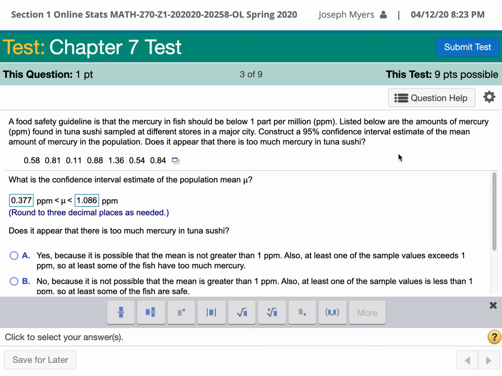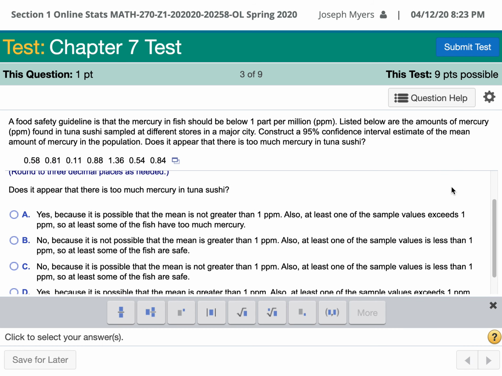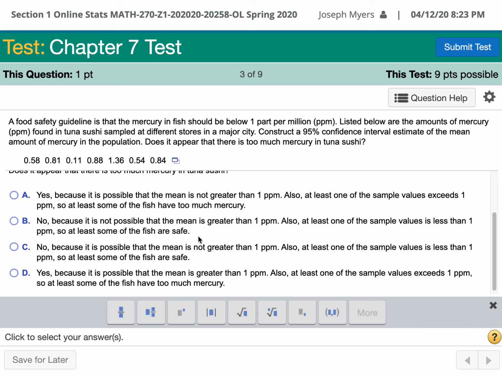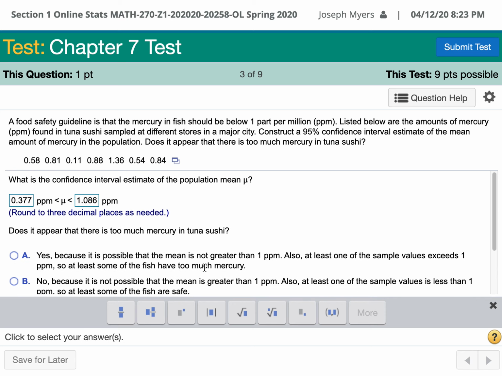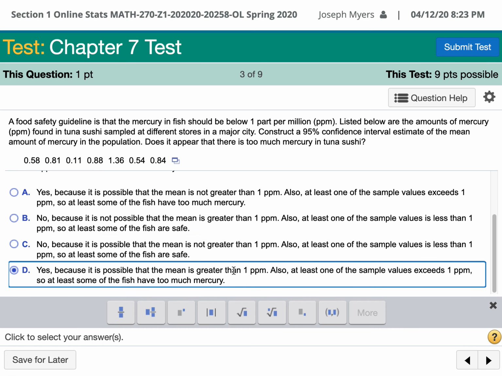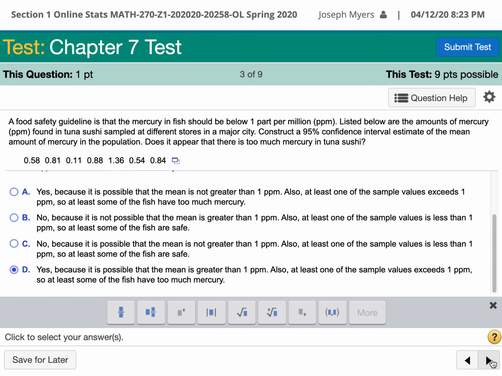So even in your sample, there's at least one that exceeds 1 part per million. That means at least some of the fish have too much mercury. So I would say yes, it could be that there's too much mercury in the fish. It is possible it's greater than 1, and also at least one of the sample values does exceed 1 part per million. So at least some fish have too much mercury. So I would go with those 2 answers.